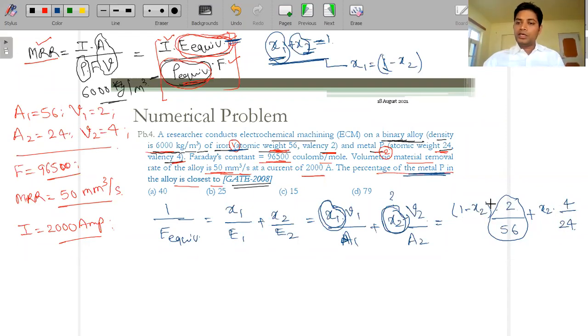Now both the terms are of x2 only. So what you have to do after that is take the LCM and calculate the value. Or just directly calculate the value of 2 by 56 here, get the value of 4 by 24, multiply with x2 and then calculate. Please tell me the value of 2 by 56, how much you are getting?